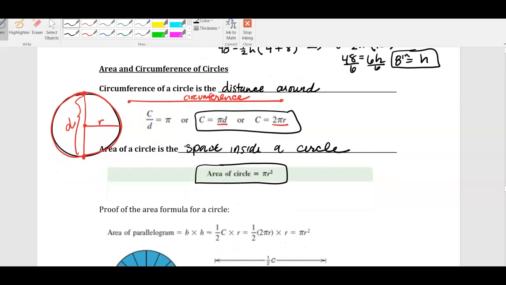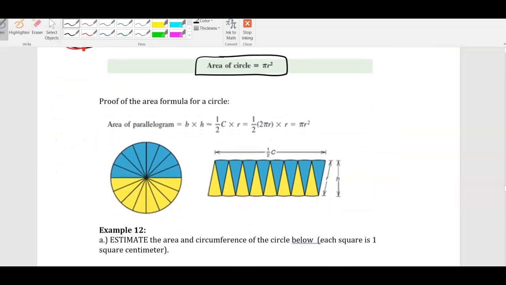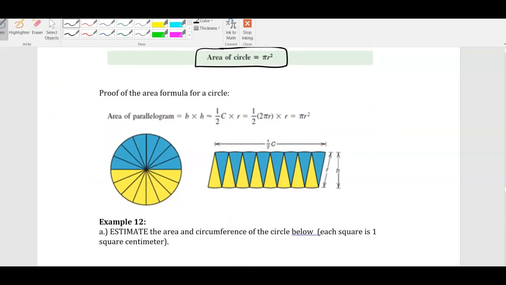So if you want to check this out in the notes, there's an interesting proof for the area formula for a circle. If you take a circle and divide it into these pie-like sections, you can see that it makes what looks like a parallelogram. And we know that the formula for the area of a parallelogram is just base times height.